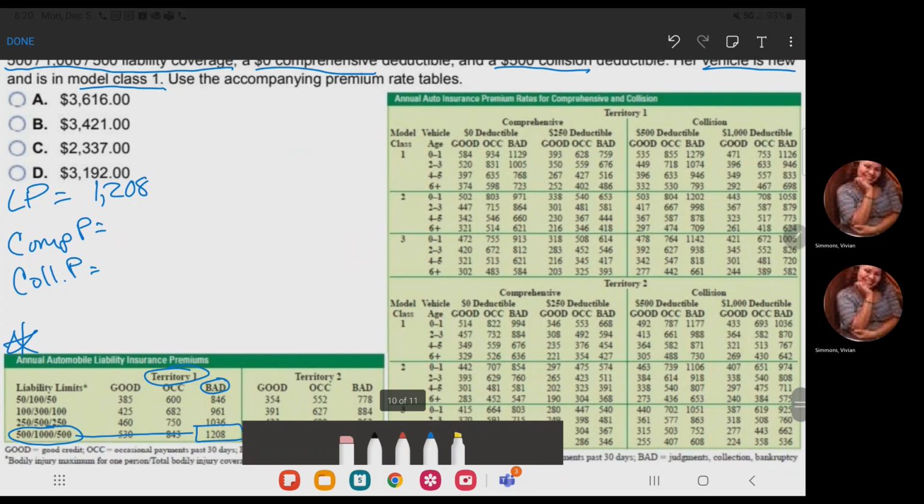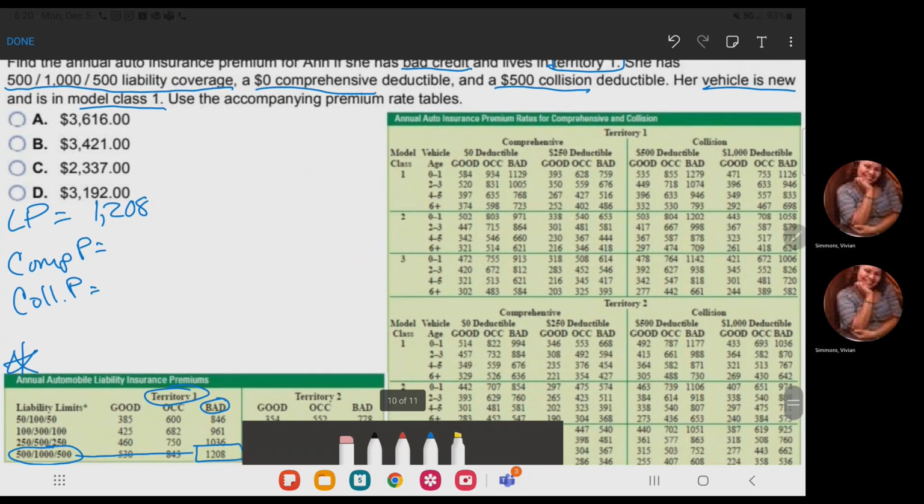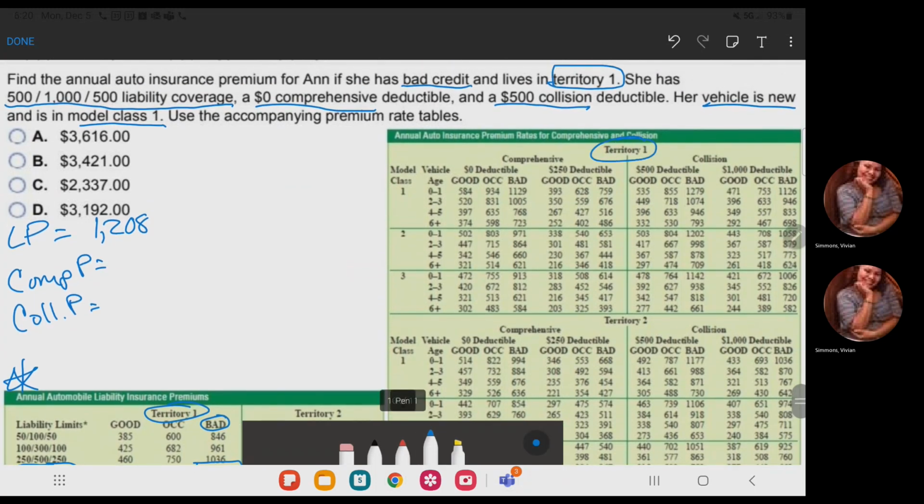Now for the other one, still territory 1 for comprehensive and collision. The deductibles, I have a 0 deductible for comprehensive and a 500 for collision. We know that this person has bad credit. The model class is 1.